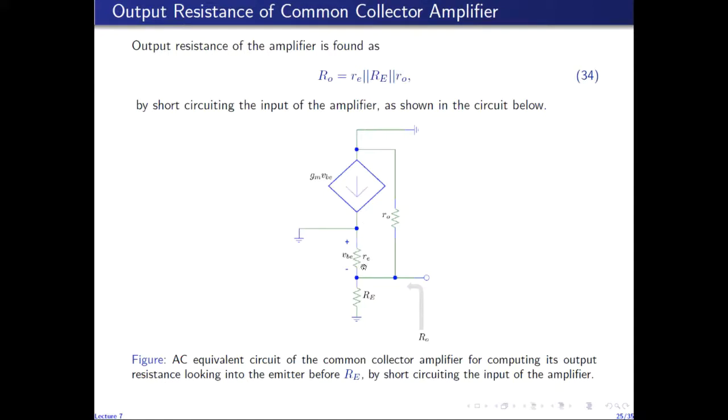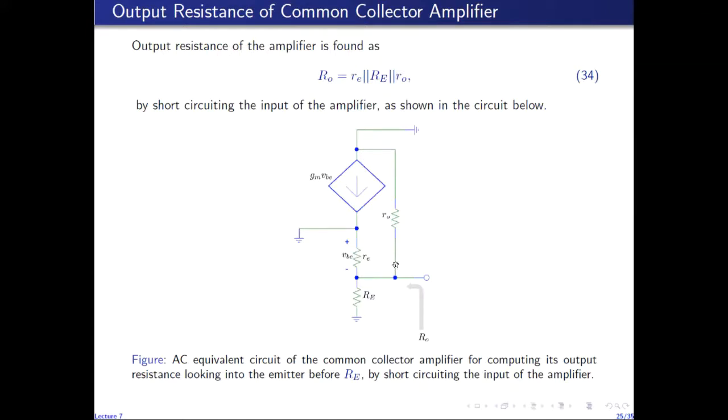which means that if you look closely, then the small re, capital RE, and small r0, they're all in parallel, because one of their ends is connected to this node, and the other terminal of each of these resistors is connected to ground.